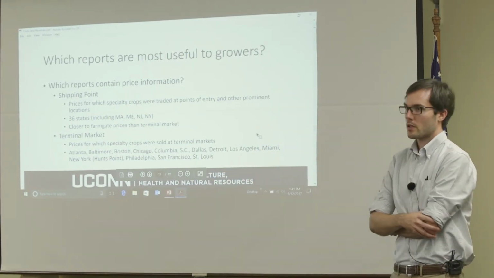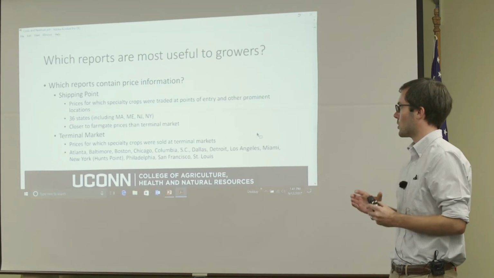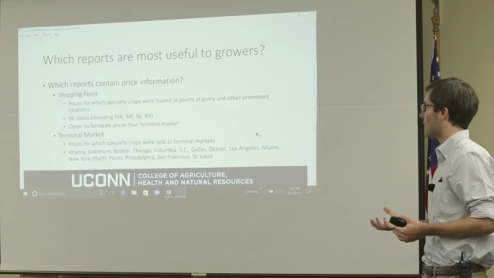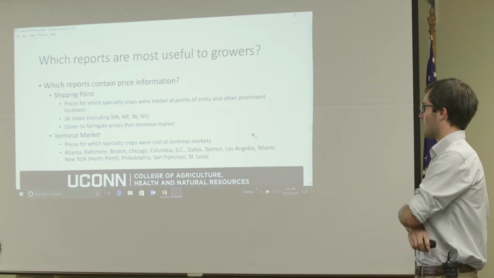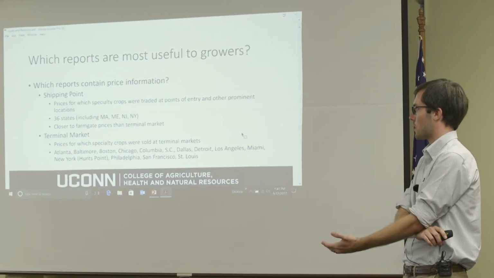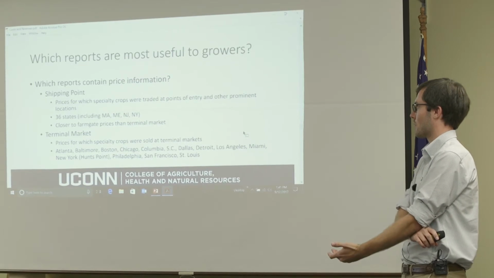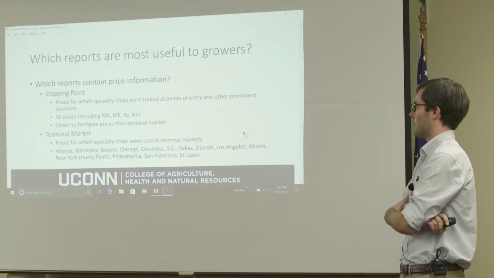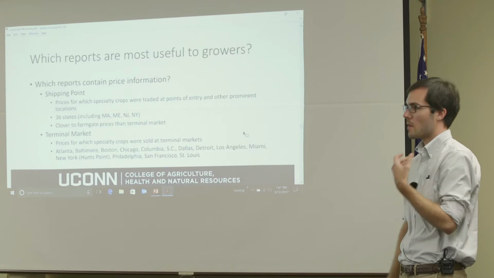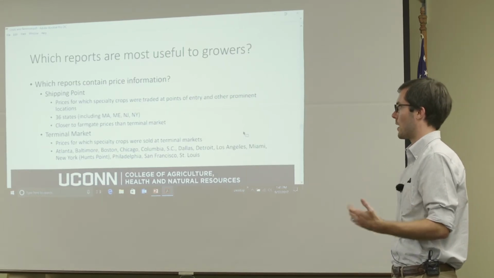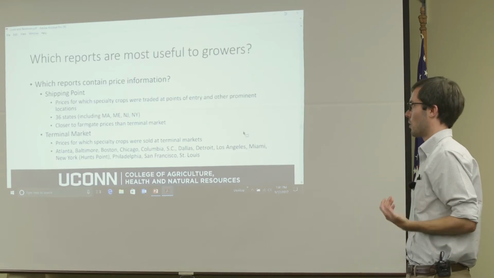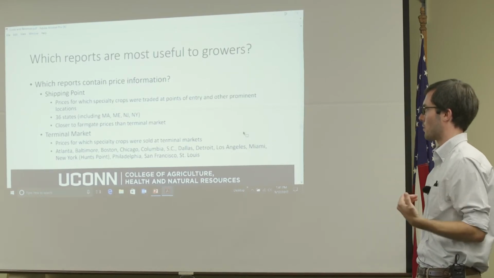The shipping point data set shows the prices for which specialty crops were traded at points of entry, ports, and various other prominent locations in the country. It has data from 36 different states, not from Connecticut or Rhode Island, but from some of our neighbors. And this may be advantageous because it shows prices that are more in line with farm gate prices than terminal market, which is further downstream down the supply chain.